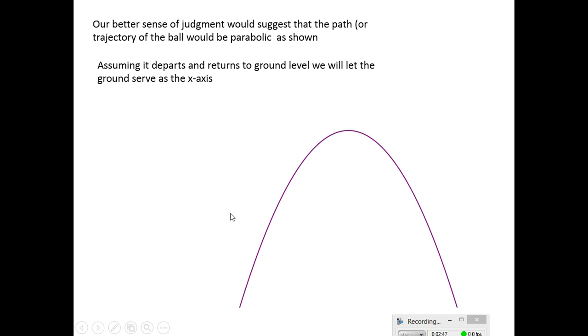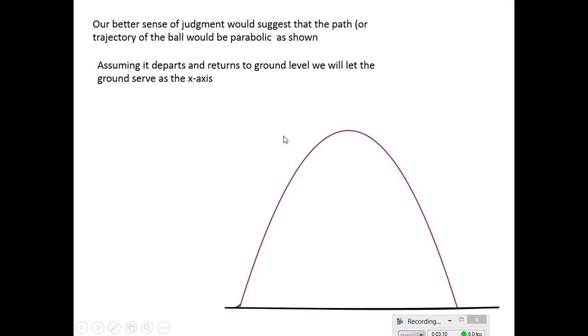Well, no, we're going to find the set of parametric equations which would generate this parabola. Over here is where it starts, and here, after however many seconds, is where it hits the ground. This, of course, would be its maximum height.